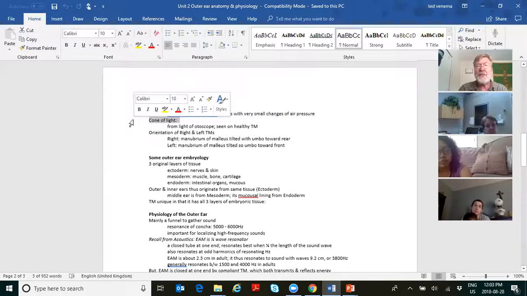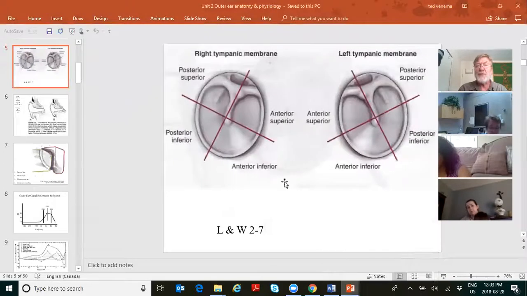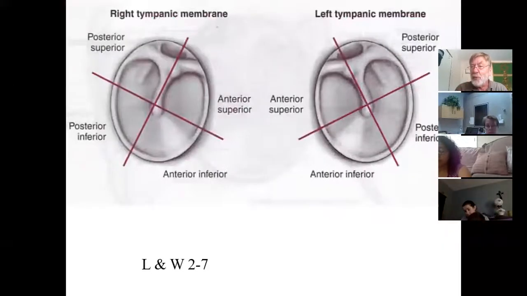Cone of light. There's another landmark. Your cone of light is actually this. See that white shade there? See the white shade here? That's not real. That's just a reflection of the light from your otoscope. It's not on your drum naturally.